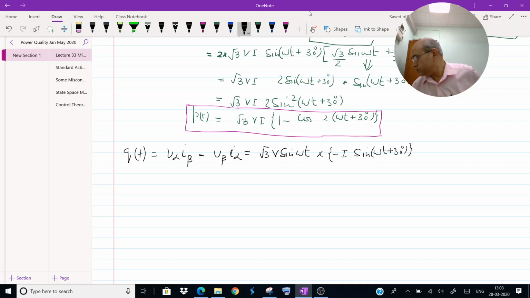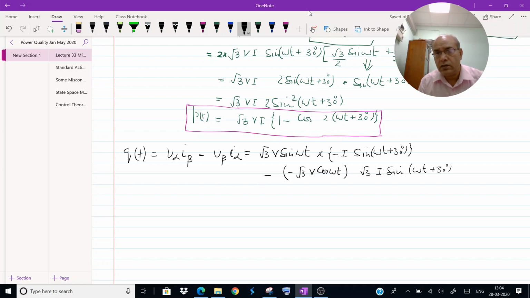This is the q. And then you have a minus sign. b beta is minus root 3 b cos omega t, and this is into i alpha, which is root 3 i sine omega t plus 30 degree.